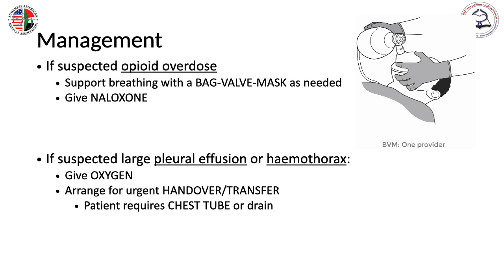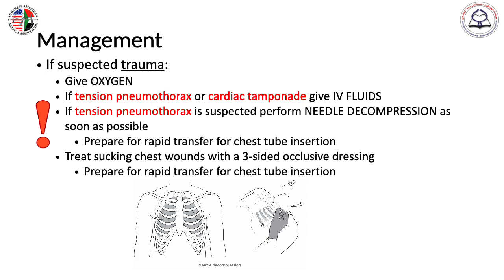Suspected large pleural effusion or hemothorax, oxygenate, try to remove the fluid by drainage and put a chest tube. And here also you need someone with competency to place the tube safely. Those with trauma and tension pneumothorax or cardiac tamponade, give oxygen. For tamponade, you can give IV fluid till you get someone with appropriate resources to drain the tamponade.